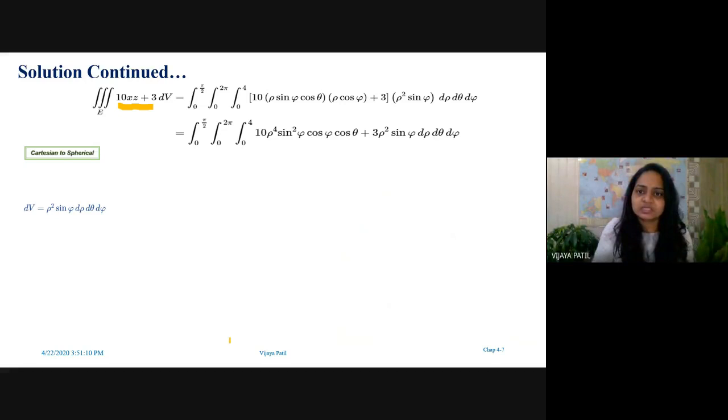The next step is finding 10 rho, and this is rho square, so multiplied it is 10 rho to the power 4. Because we are dealing with rho first, we integrate with respect to rho, keeping phi and theta as constants.